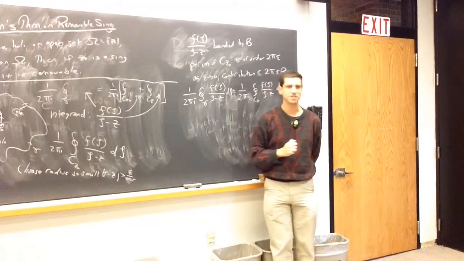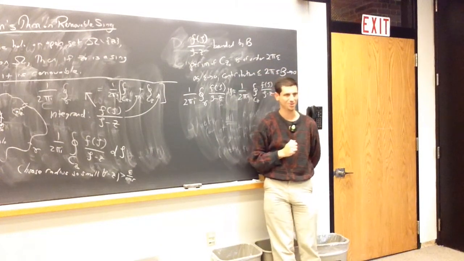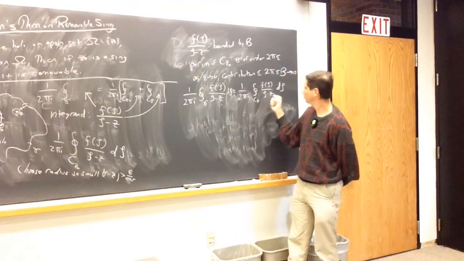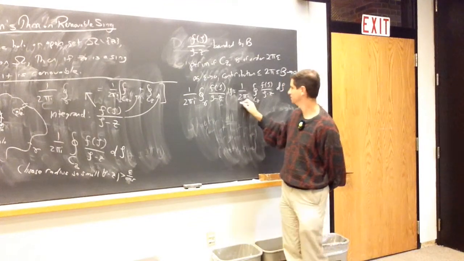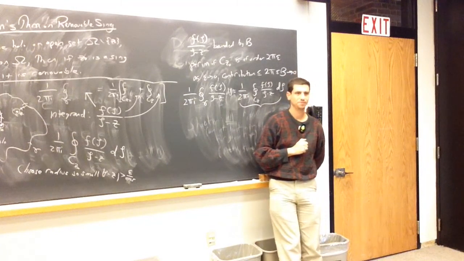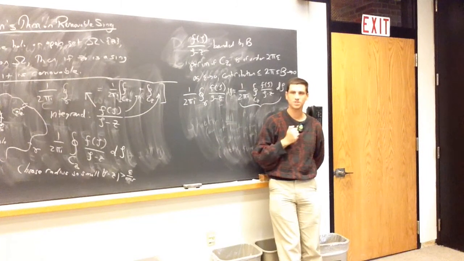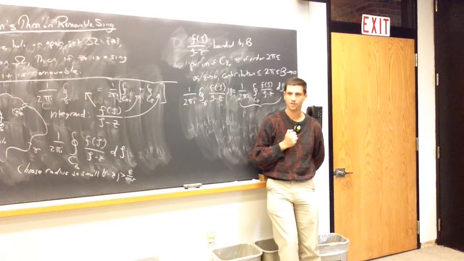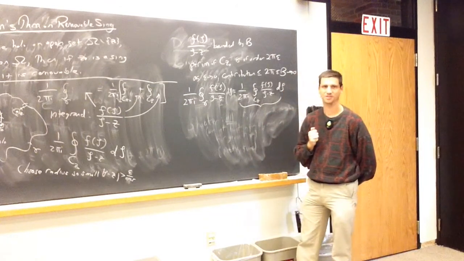It's really good to put in the d zeta so you know what you're integrating with respect to. What does this integral equal? Not 0, but not a bad guess.